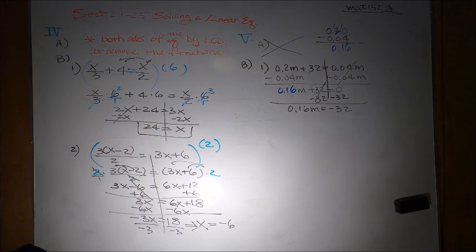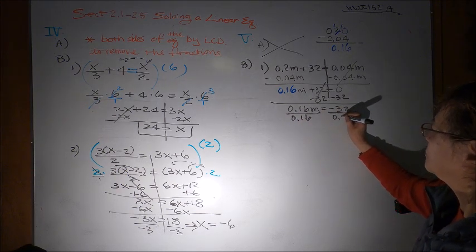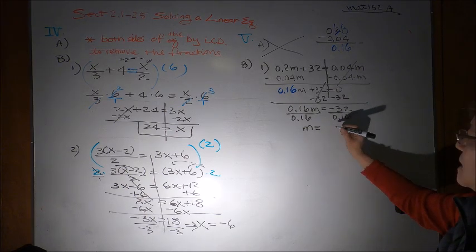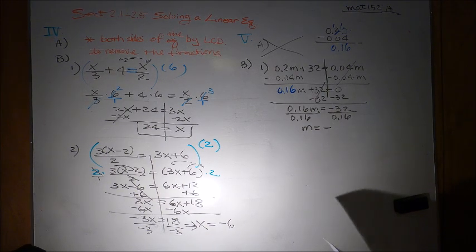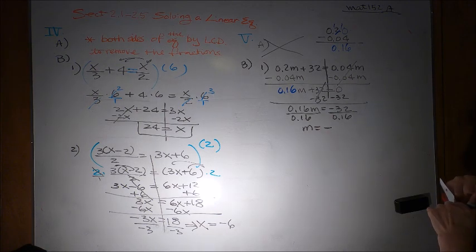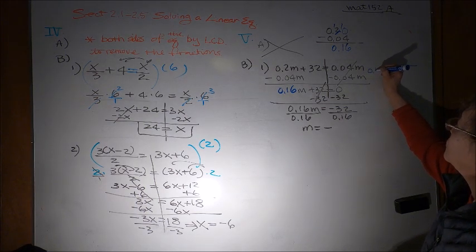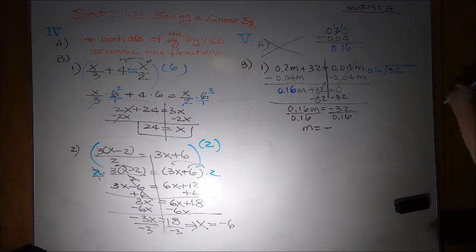And to get m by itself, what do we do? Divide by 0.16, right? Negative divided by positive is negative. Remember how to do your decimal division? 32 divided by 0.16, right? So, how should we start the division?